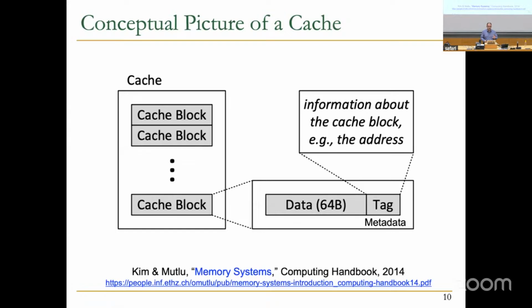Even though some researchers have also tried to look into variable block size. But overall, to simplify the design, people wanted exactly the same cache block size in hardware. But when you're implementing a cache in software, you have much more flexibility. So you can actually have variable block sizes. But that's another topic that unfortunately we don't have time to cover.